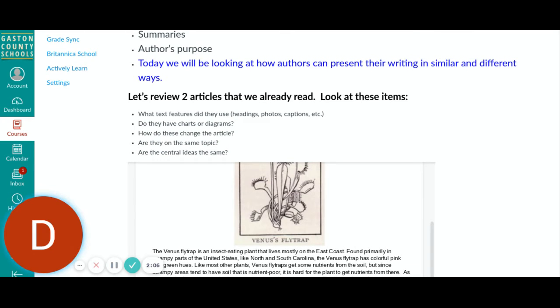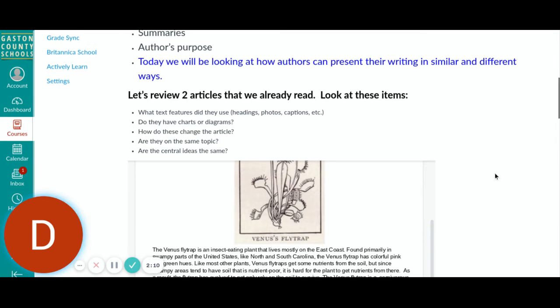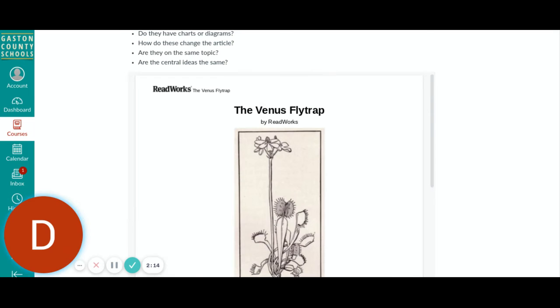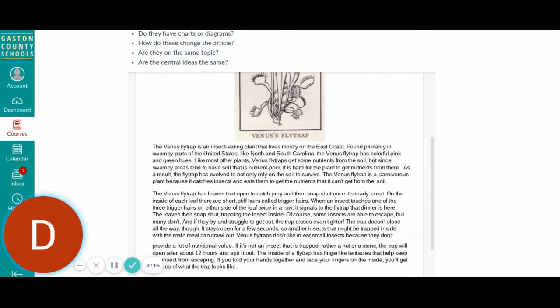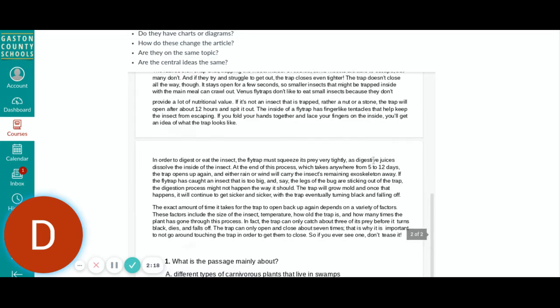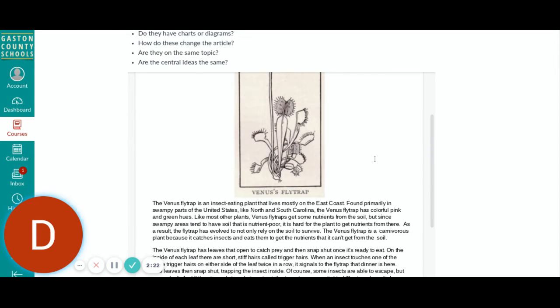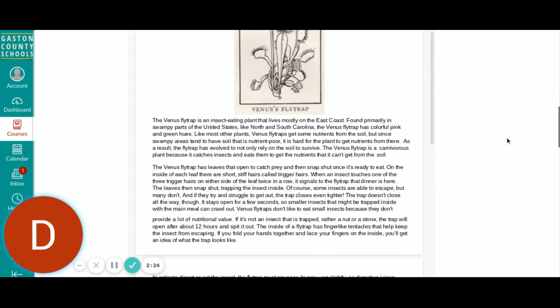Okay, we're also going to look at how do these things change the article. Well, when I think about this one, I look at how this has just that one picture, and it's not really grabbing my attention. There's a lot more words in there and not a lot of pictures and color and things for me to look at to help me understand.